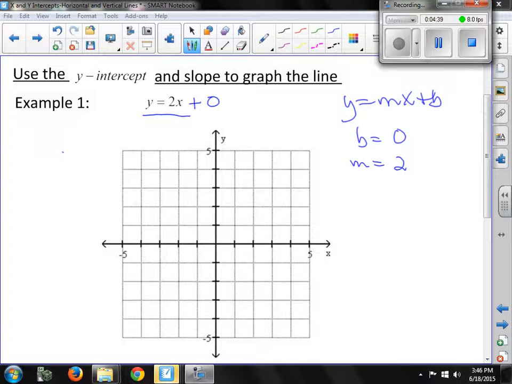Remember, slope is rise over run, so I'm going to think of this as 2 over 1. So my line is going to cross the y-axis at 0. This is the origin. My slope will rise 2 and run 1. Once I make my 2 points, I can connect the dots and graph my line.